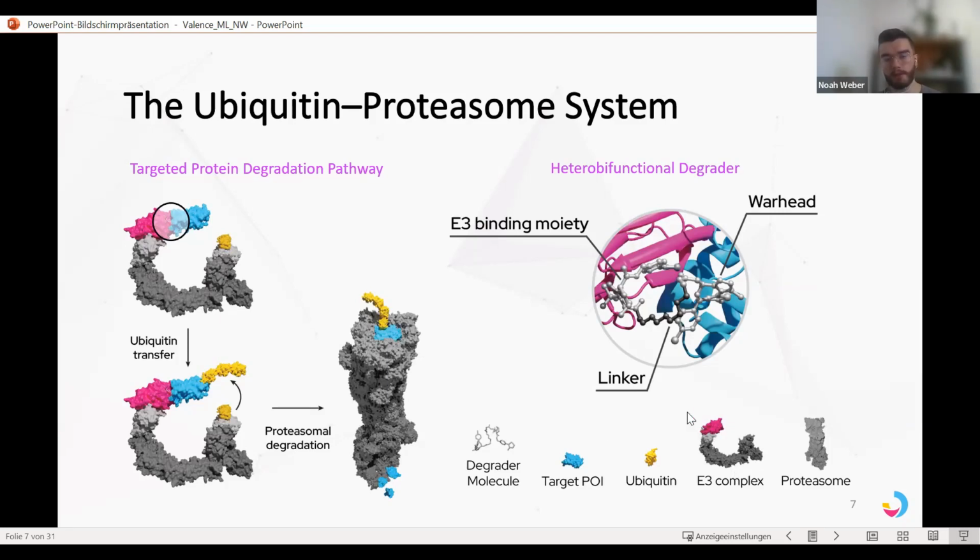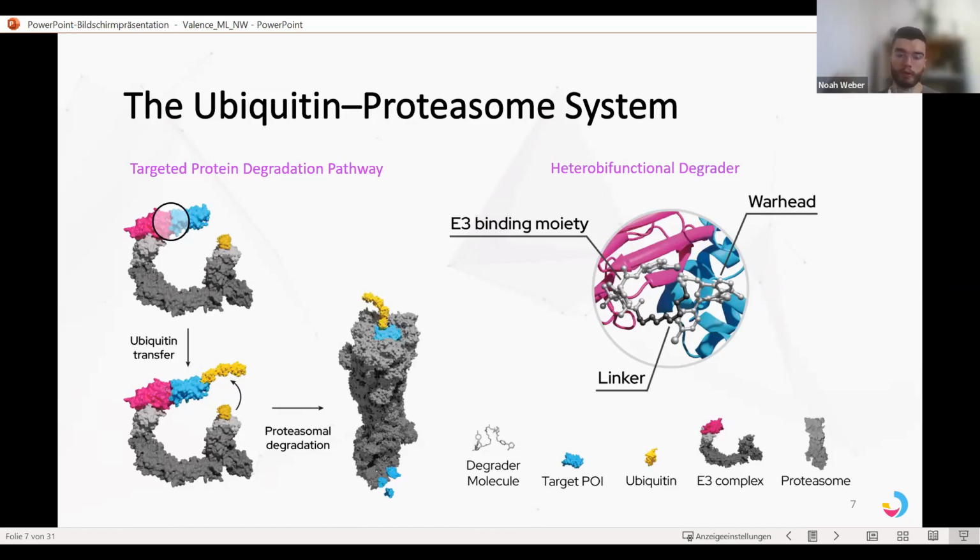And on top of this complex, we have the ubiquitin, and ubiquitin is what we hope will come into the proximity of the lysines, or solvent-exposed lysines, on top of our protein of interest. And with that, it will connect and degrade or destroy our pathogenic protein of interest.